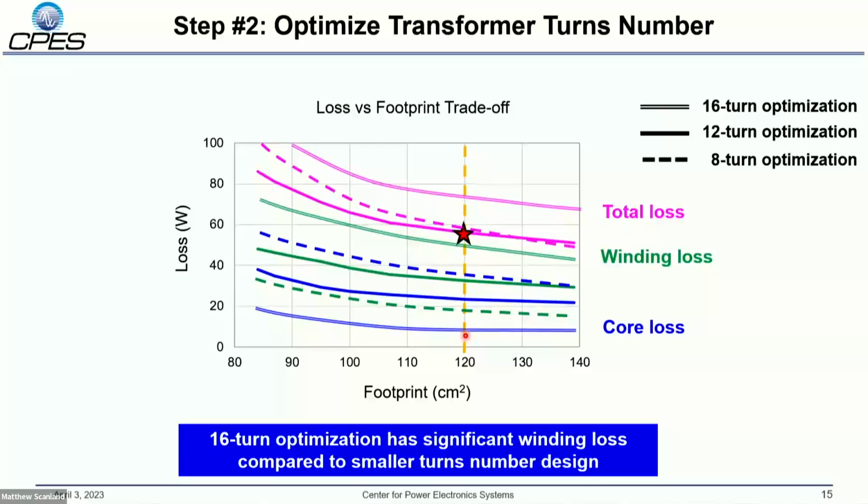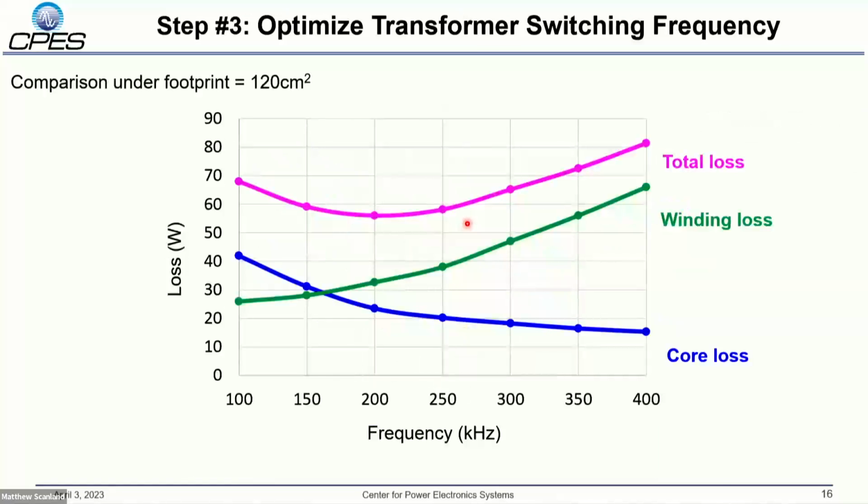use this 112 centimeter square for the footprint as we optimized in step 2. As for step 3, we will compare the switching frequency impact under the footprint equal to 112 centimeter square.